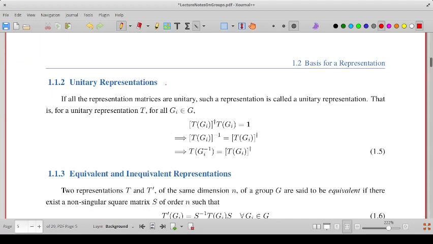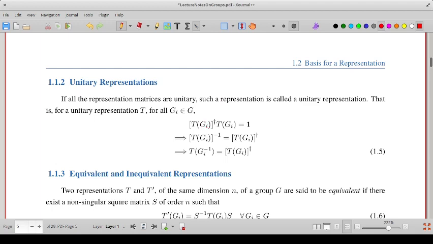Unitary representations. If in a representation, all the representation matrices are unitary, such a representation is called a unitary representation. That means if a representation T is a unitary representation, the representation matrices T(Gi) are unitary.